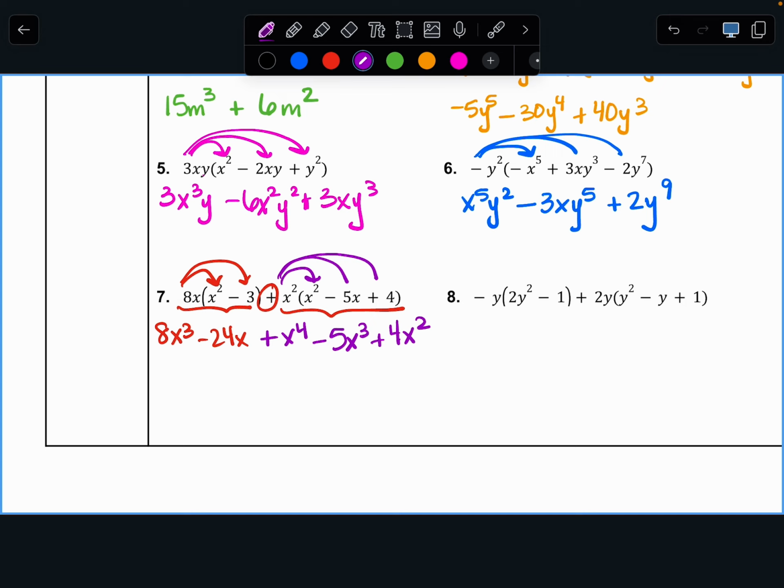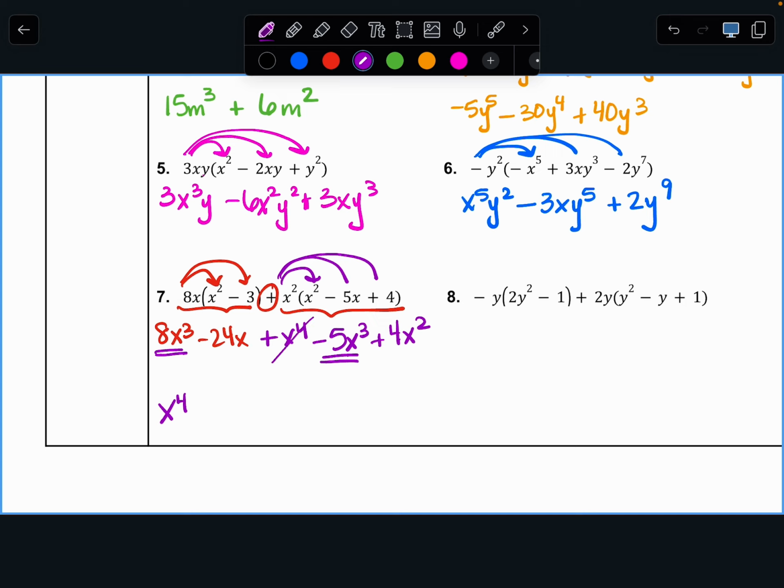And then we have to look at which ones we need to combine. So the only two like terms I have are x to the third, but then I need to put it in descending order. So x to the third is not my largest term. My largest term is x to the fourth. So I took care of that one.